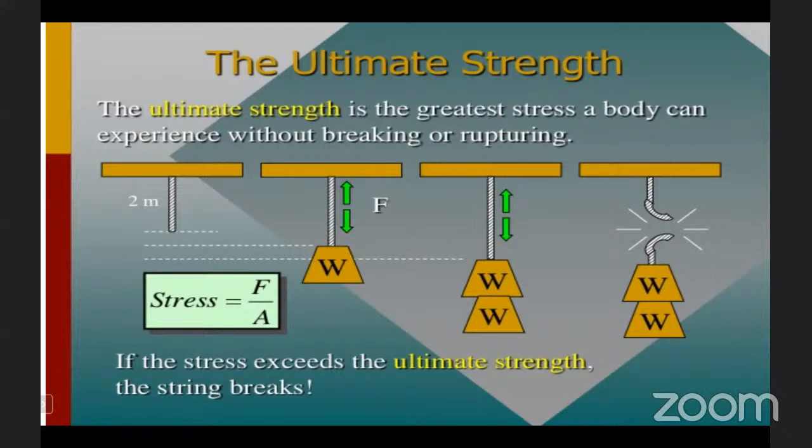Now, what is the ultimate strength? The point before the wire breaks. Stress equals F by A. If the stress exceeds the ultimate strength, the string breaks. So this is called the ultimate strength.